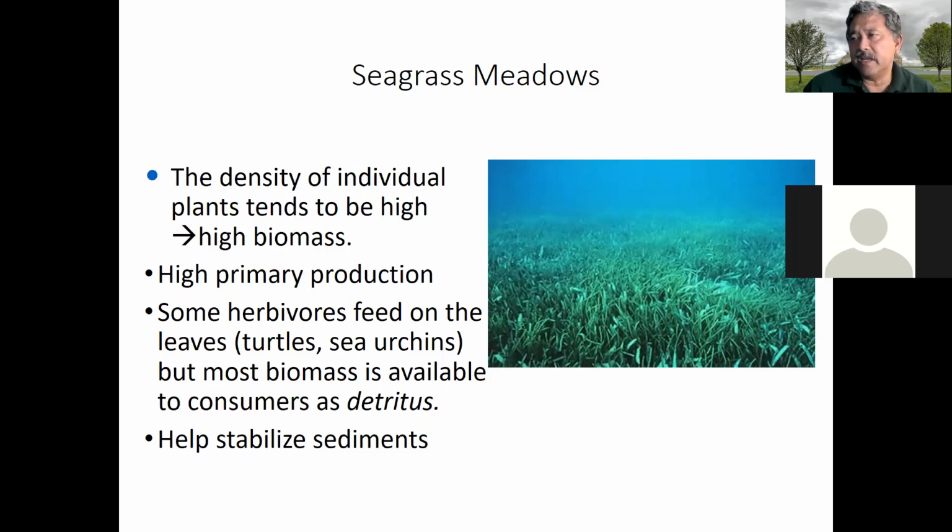This includes big things like turtles, smaller things like the sea urchin, and so some organisms will eat the seagrass directly, but most of the biomass goes through the few animals that are able to eat the seagrass, and so the seagrass becomes part of the chemical nutrient cycle when you have the death of even the seagrass, the death of animals and plants, and so remember, dead organisms are called detritus.